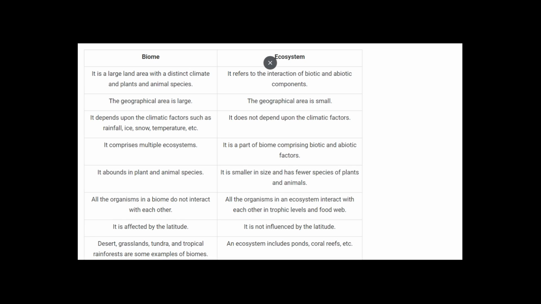So the point is a biome is a large land area with distinct climate and plants and animals. So tropical rainforests, for example, are an example of a biome. A desert is another example of a biome. Because an ecosystem is an interaction of biotic and abiotic components.